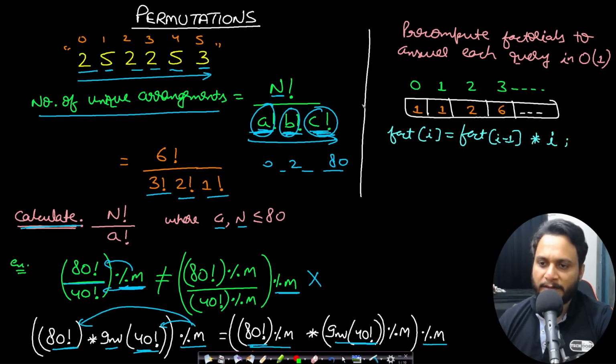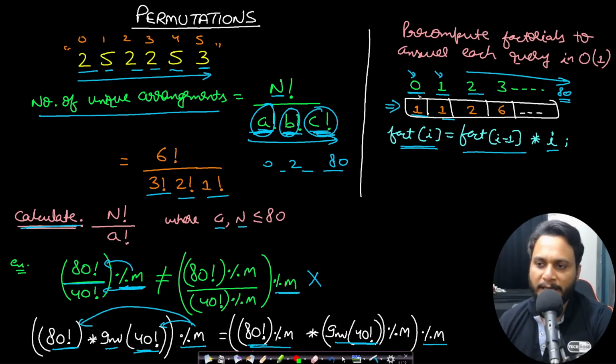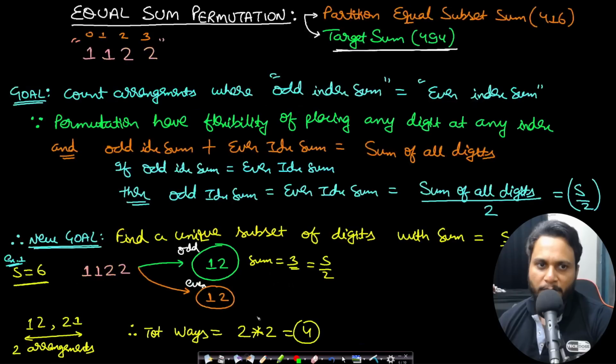So for that reason, I will be pre-computing the entire factorial array, where 0 and 1 are the base case: 0 factorial and 1 factorial are 1, and I iterate from 2 till the end, let's say 80, writing factorial at i equals i times factorial at i minus 1. I keep it pre-computed so that whenever I want a factorial, I don't have to calculate it, I can just return it from the array. So that will be simple, right? I hope you have understood this.